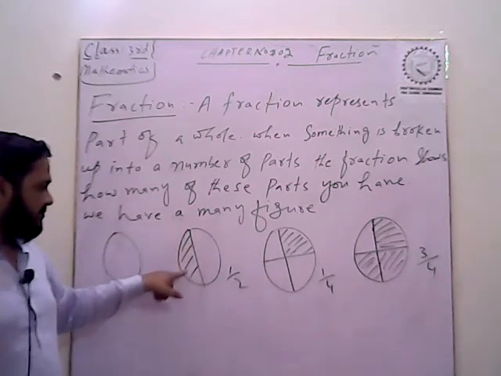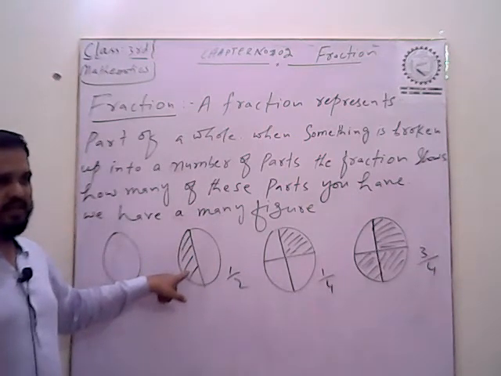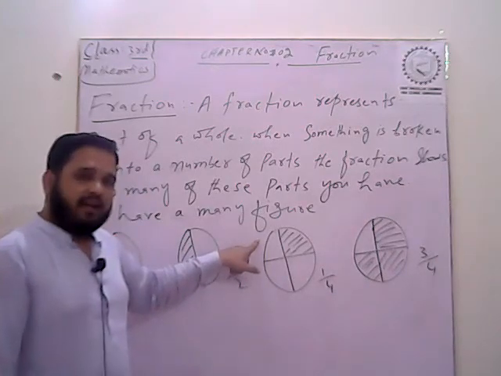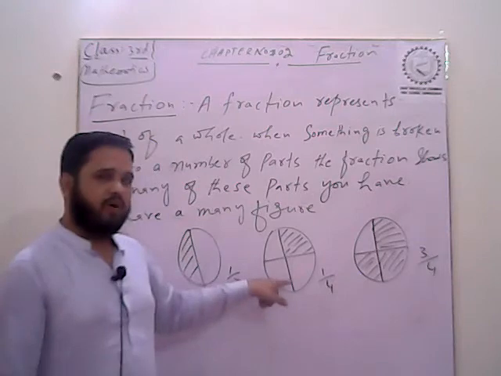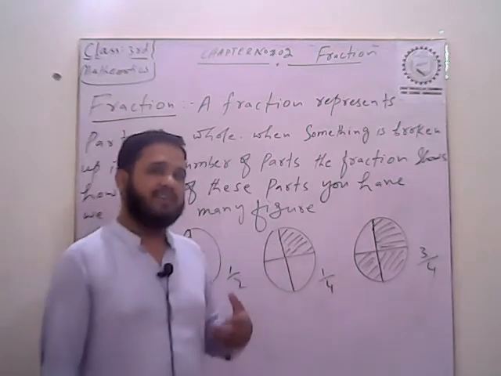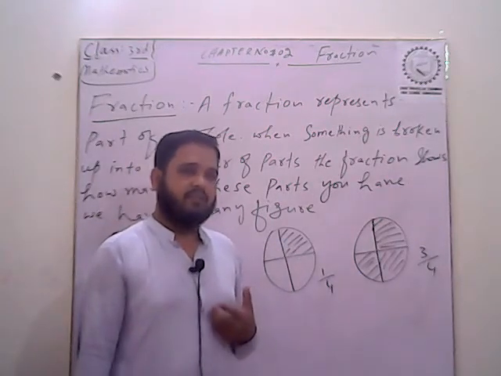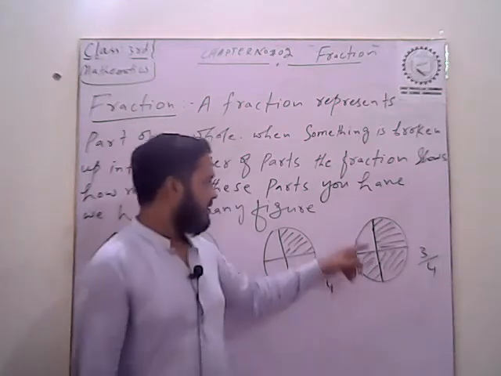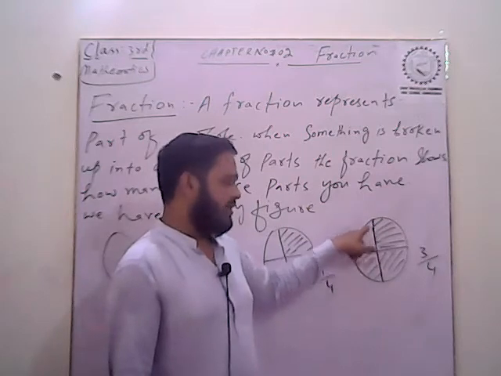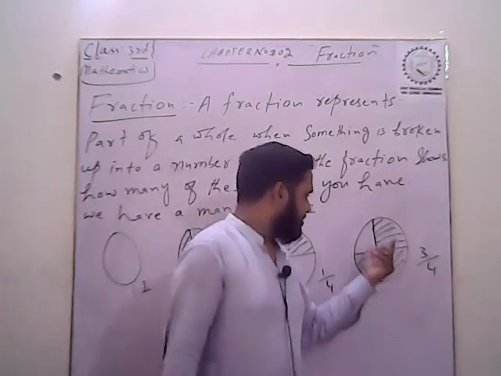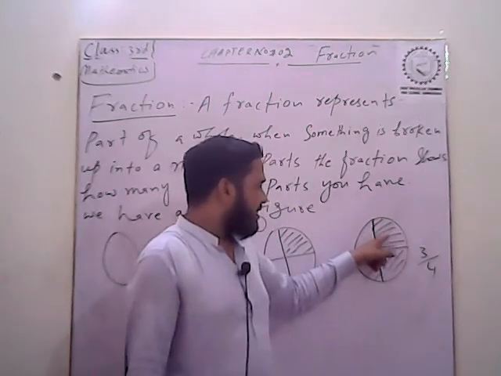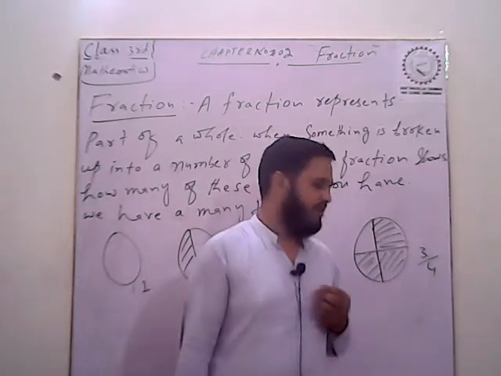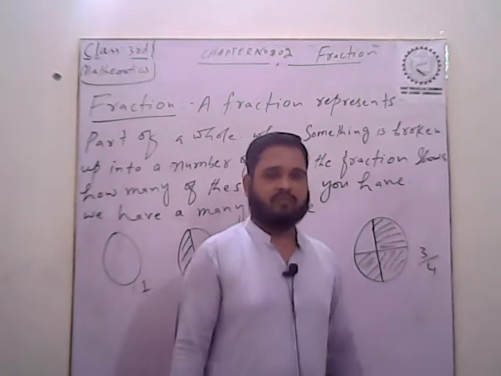Now here 1 part is colored, then we write mathematically 1 upon 2, and in another circle there are 4 parts, but 1 part is colored. Then we write mathematically 1 upon 4. Another example: there are 4 parts of which 3 parts are colored. Then we can write in the form of 3 upon 4.